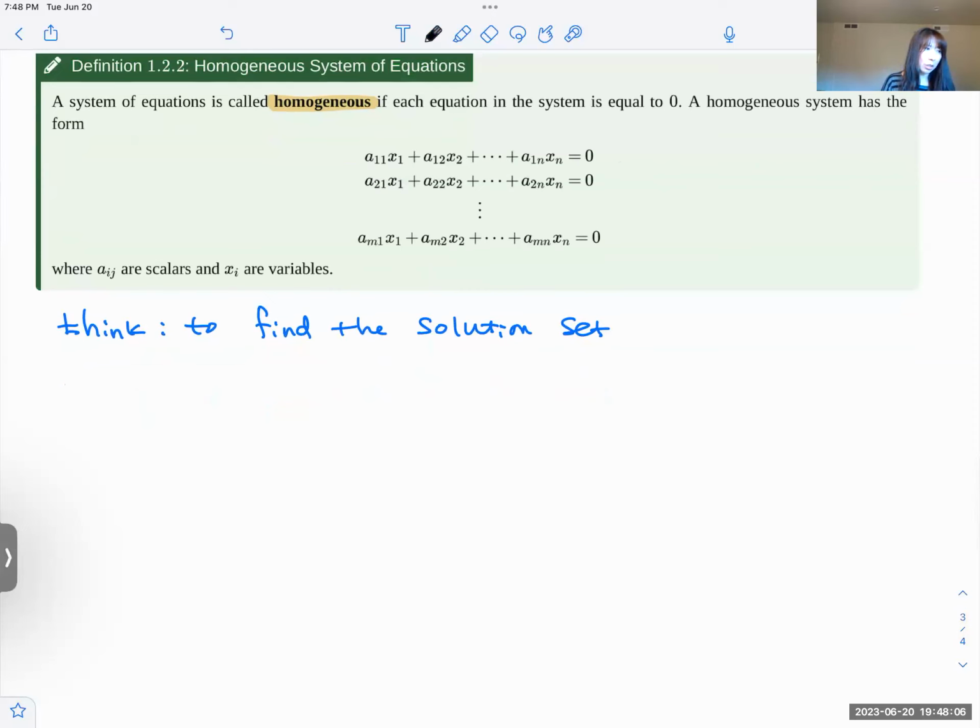Okay, another definition. So let me make it in red. So definition: a system of linear equations is called consistent.